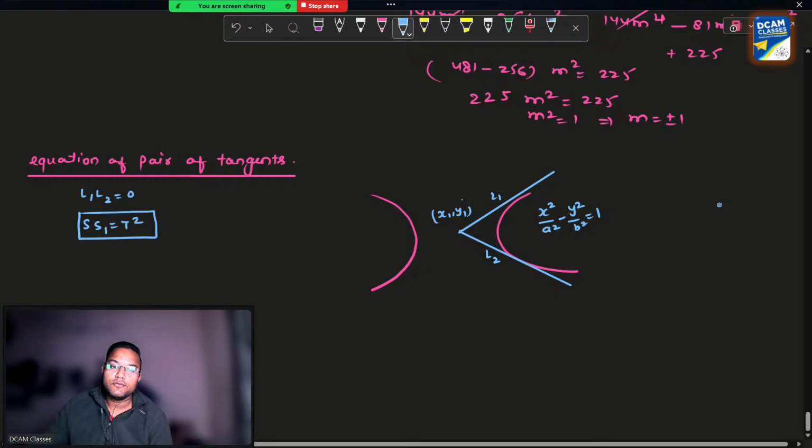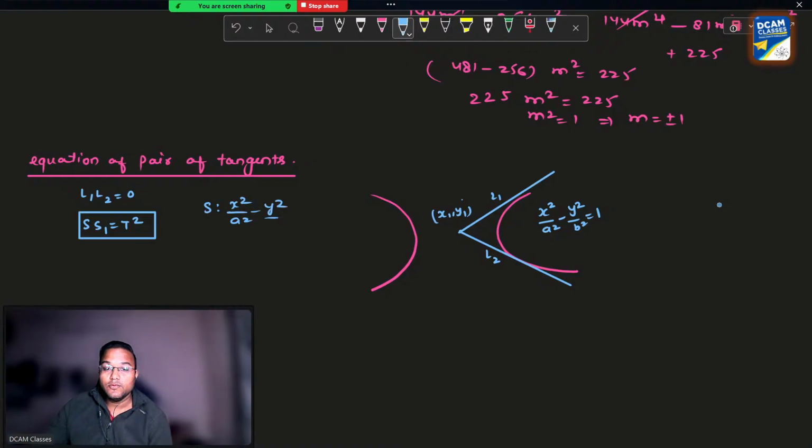That's the equation of pair of tangents, where S is represented by x square by a square minus y square by b square minus 1 is equal to 0. S1 is x1 by a square minus y1 by b square minus 1 is equal to 0.